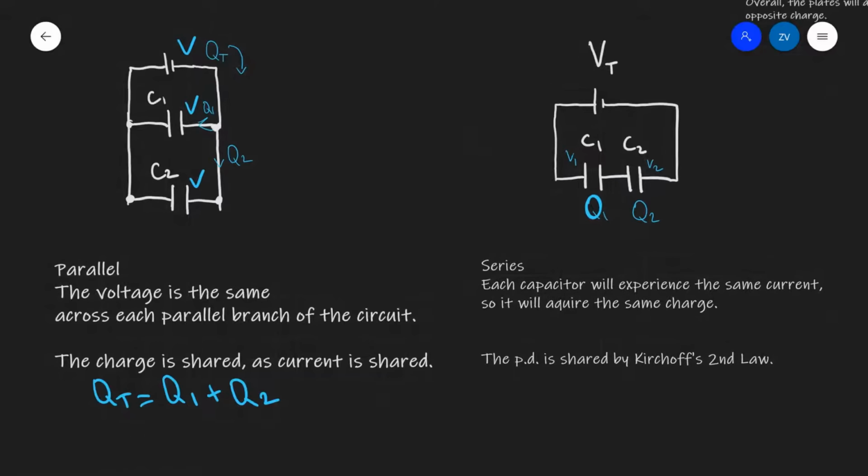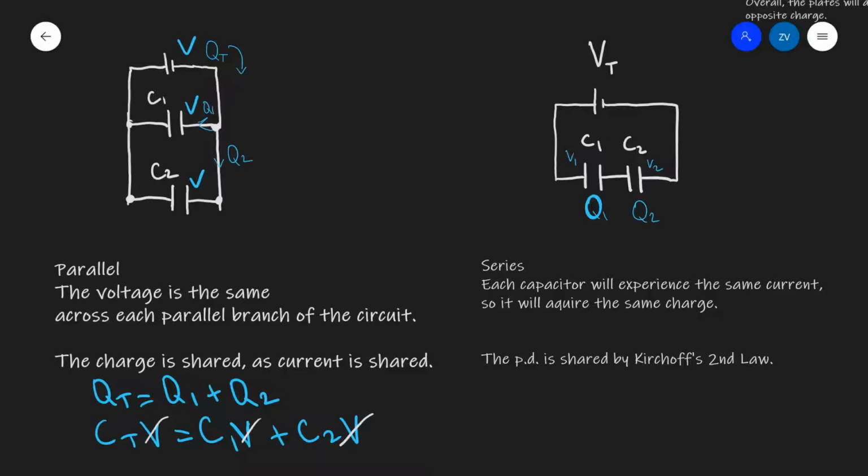If we wanted to, we could also write that C total, the total capacitance, times the potential difference will be equal to C1 times V1 plus C2 times V2. However, because the potential difference is exactly the same, this is why the rule for capacitance is that C total is C1 plus C2, because all of the potential difference is going to be cancelled out.